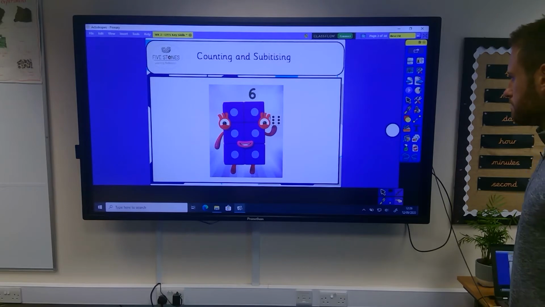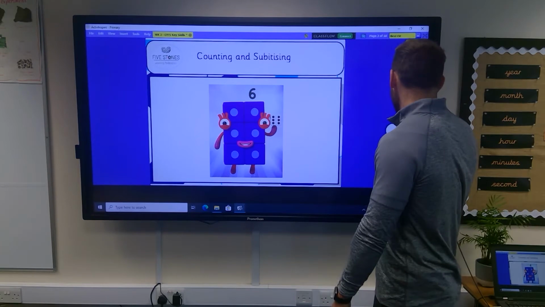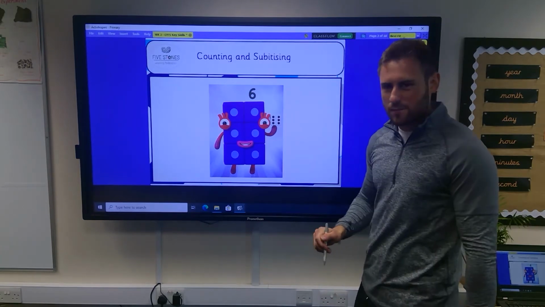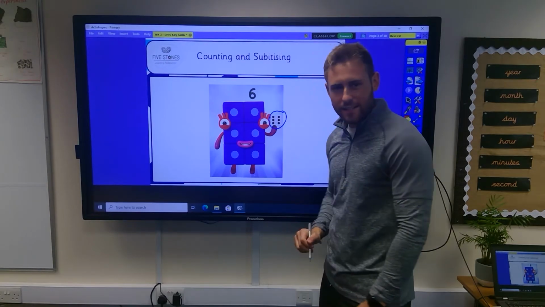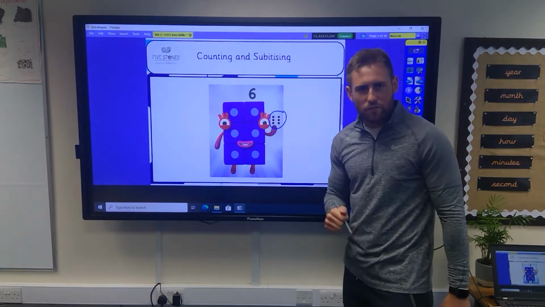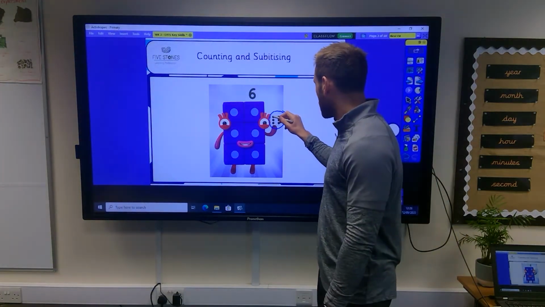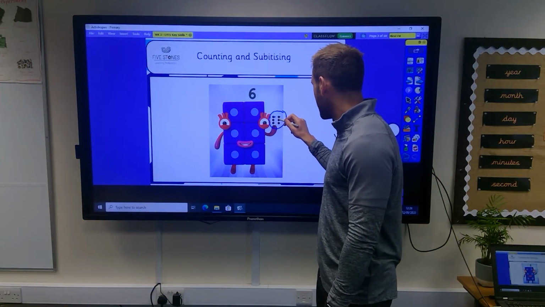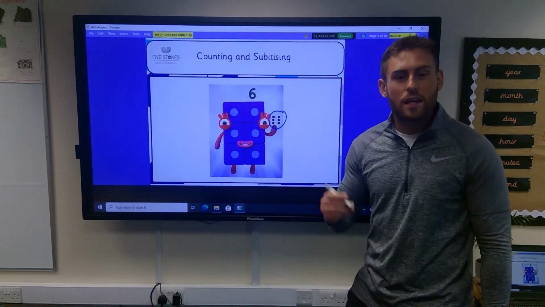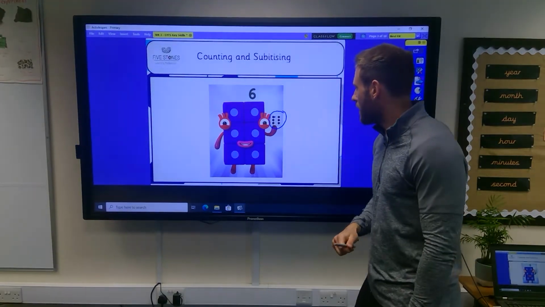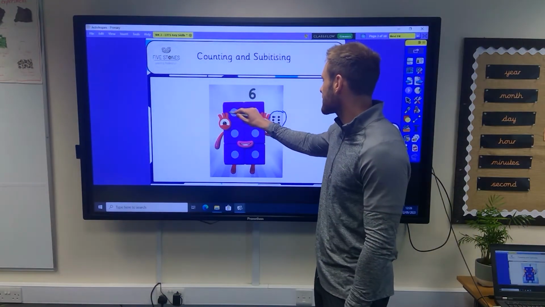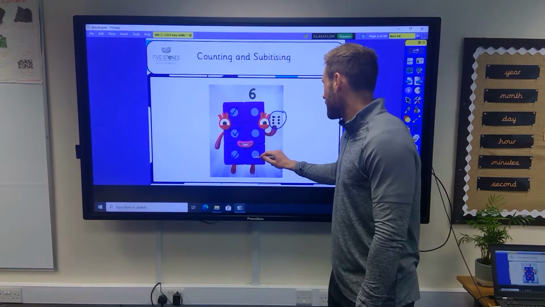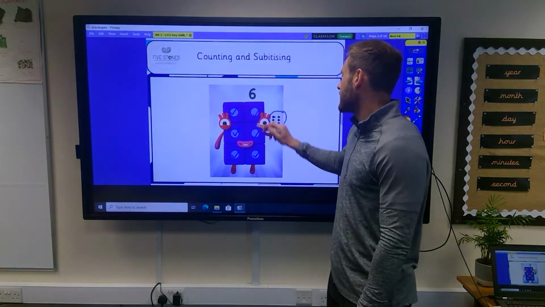Good thinking. Great, I'm going to come and help you out. Some of you might have spotted that this number blocks character is carrying a dice. And the number on the face of that dice is 1, 2, 3, 4, 5, 6. Great, there are 6 dots on that die there. Brilliant. What else do you spot? Oh yes, we've got the 6 blocks. So 1, 2, 3, 4, 5, 6.